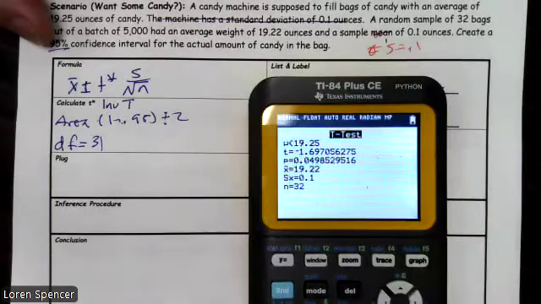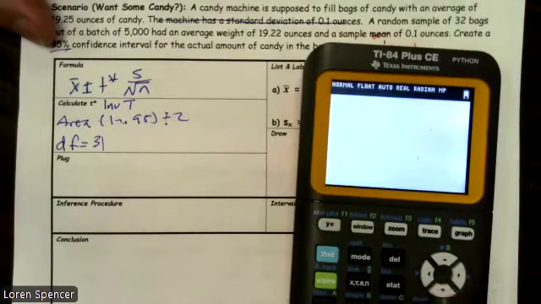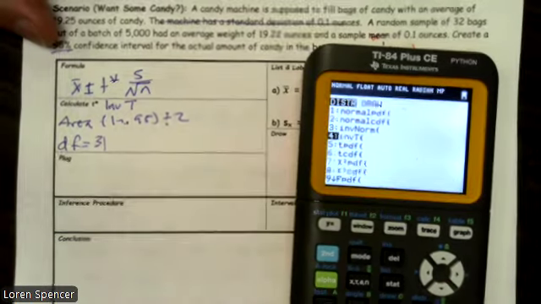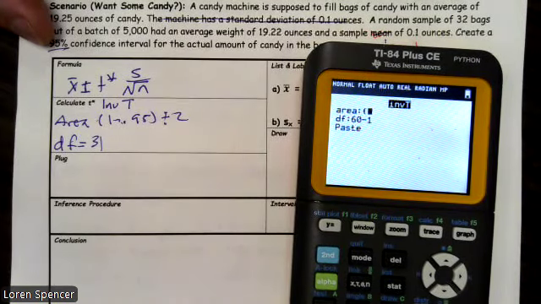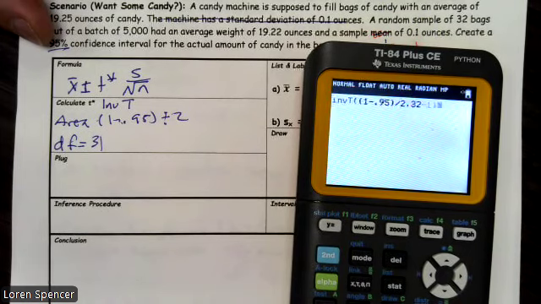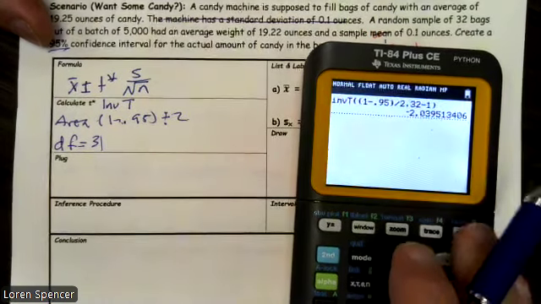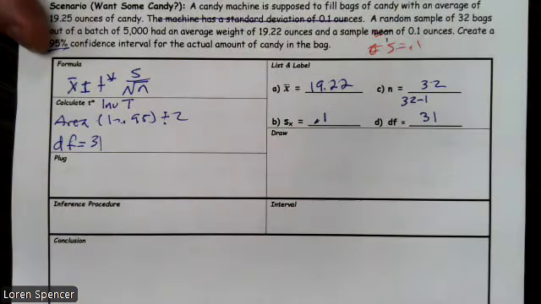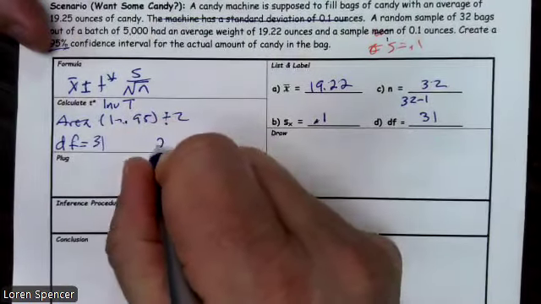So let's go ahead and do that. Second vars, inverse T, parenthesis, 1 minus 0.95, close parenthesis, divided by 2, degrees of freedom, 32 minus 1, or just 31. We get a t star of 2.0395, make it positive.